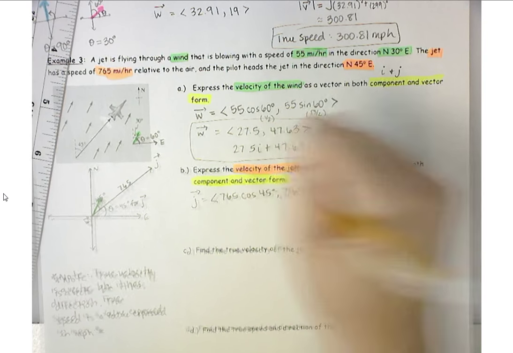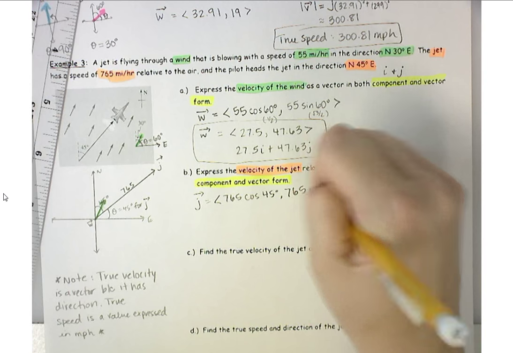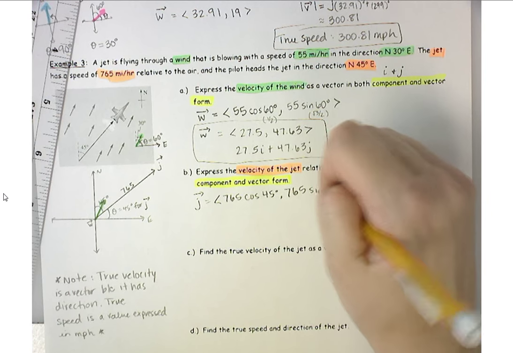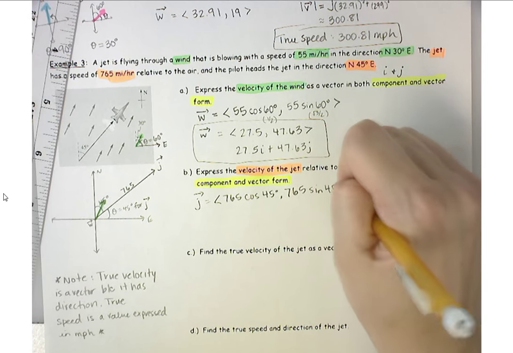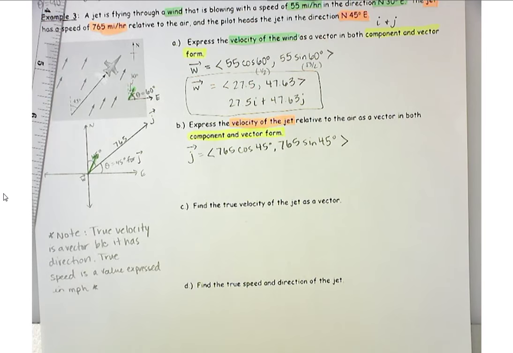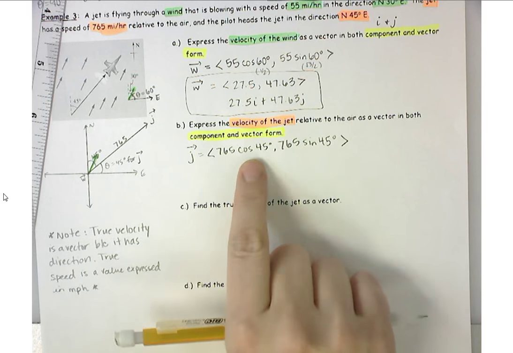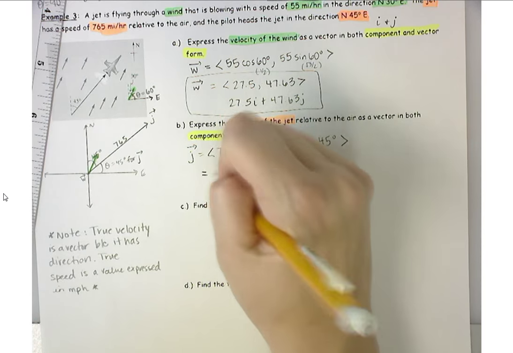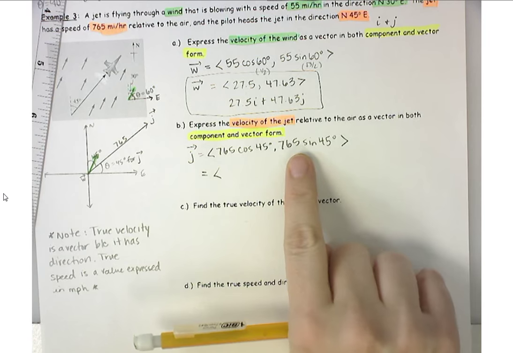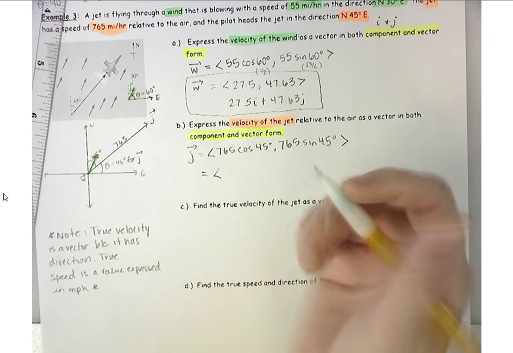Okay, and then Yusuf mentioned that we know that the cosine and the sine of 45 degrees is special because why? They're going to be the same. So if you do 765 times the cosine of 45, shouldn't that be equal to 765 times the sine of 45?